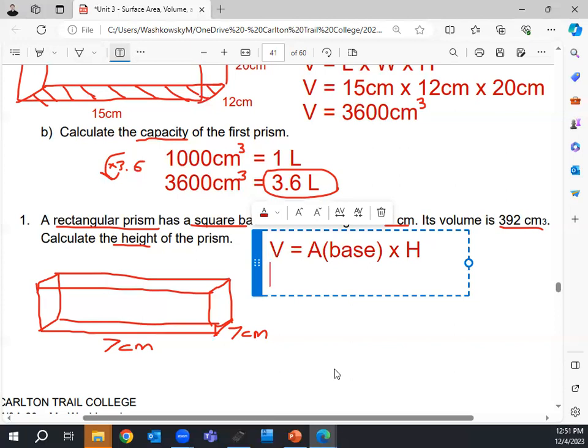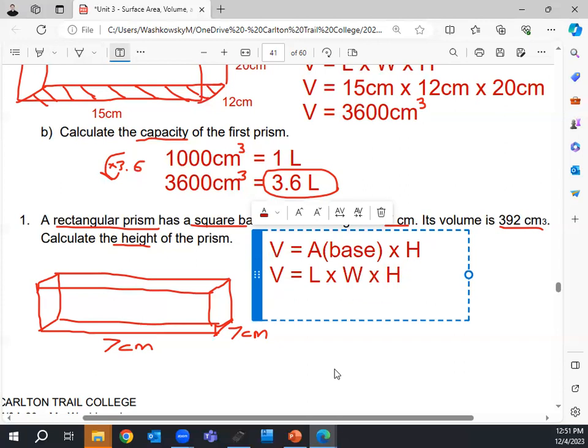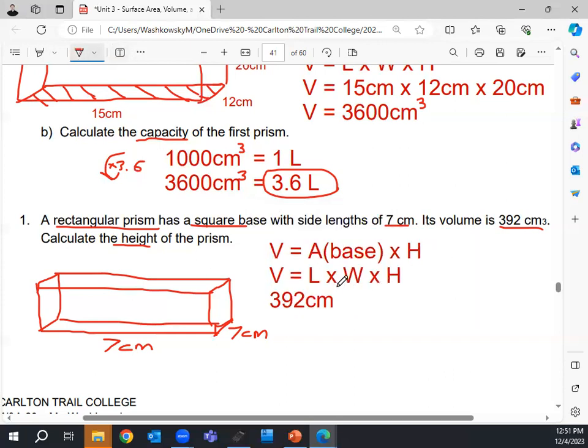So all I now have to do is substitute some stuff in. So first off, if I'm dealing with a square, what's the area of a square? Length times width, right? Length times width times height. So just like before, it's the same thing, length times width times height. In this case, I'm going to substitute the stuff in. I know what the volume is.